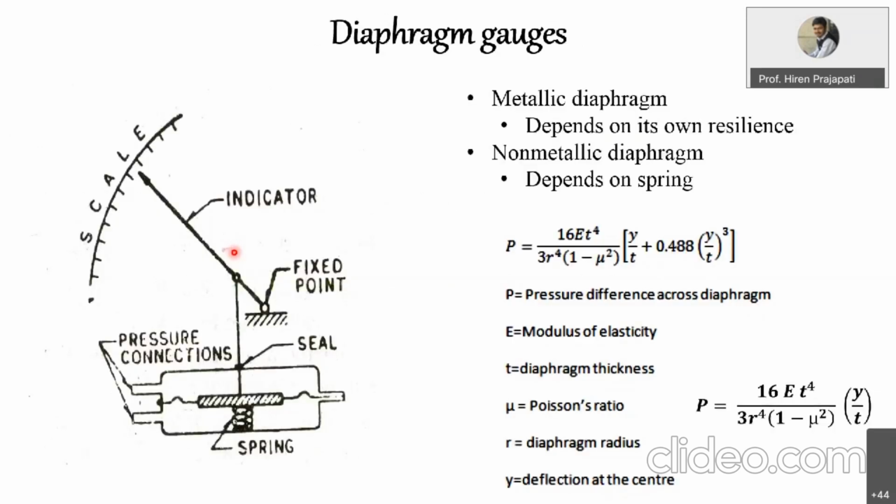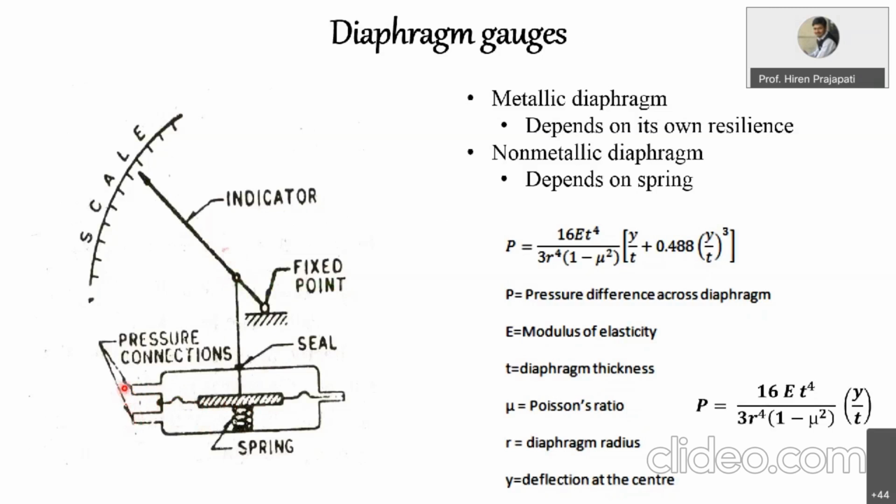Next is the diaphragm gauge. So if you look at what change is made here, these are the two ends which are to be connected. Suppose you want gauge pressure, then one end is connected to your pressure source and the second end is kept open to the atmosphere.